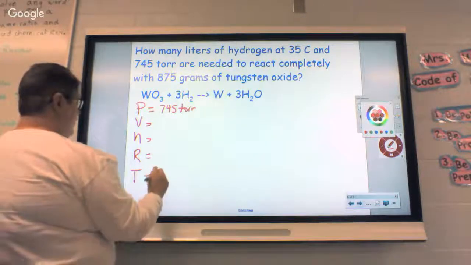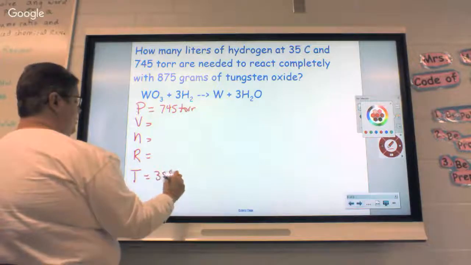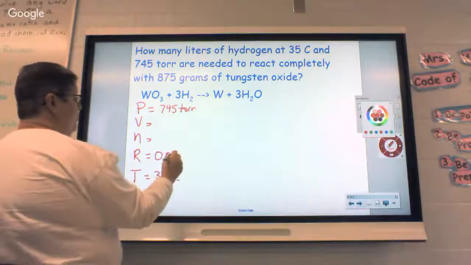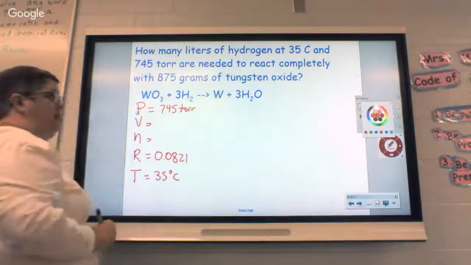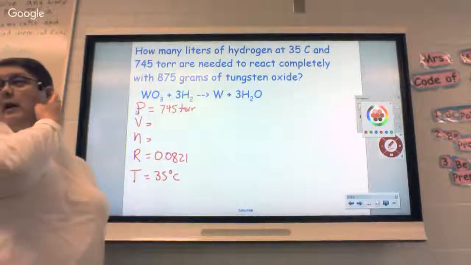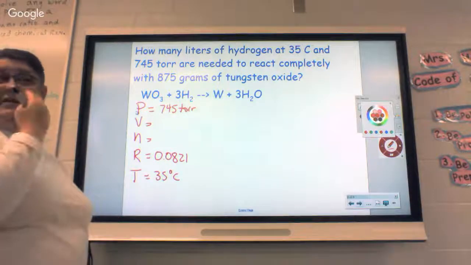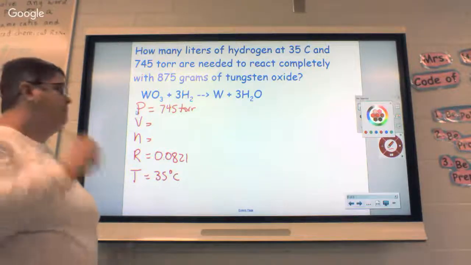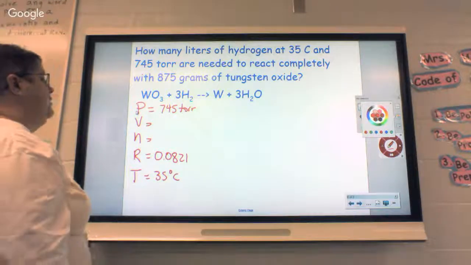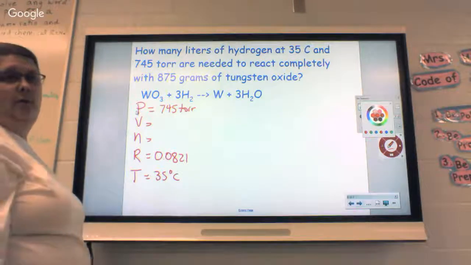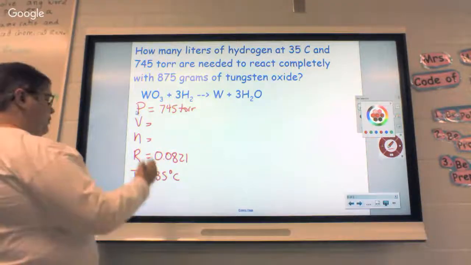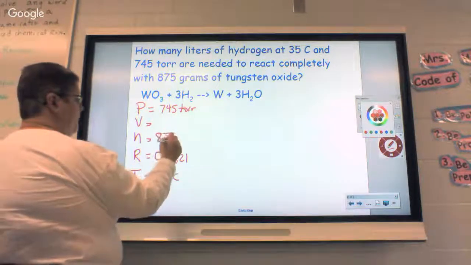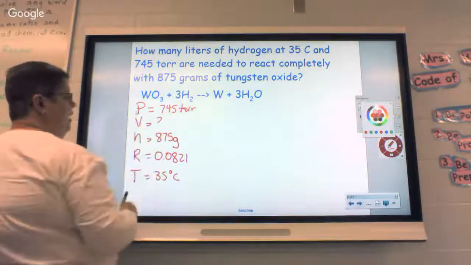And we have 35 Celsius, which is the temperature, and we know R. I just wrote those down because if we don't know that, what I'm working on in this question is kind of a waste of our time. Is everybody okay with those? Okay. So the 875 grams goes where? It goes with that. And so we're looking for volume.